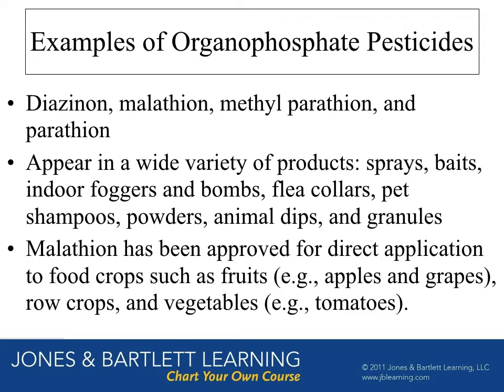It's a direct application for a lot of food crops. Diazinon, methylparathion, and parathion are very, very potent, used primarily in agriculture and are actually very limited in their usage right now. They've been downgraded because of the toxicity, mostly to farm workers and other species such as migratory birds and things like that that can occur in agricultural settings.